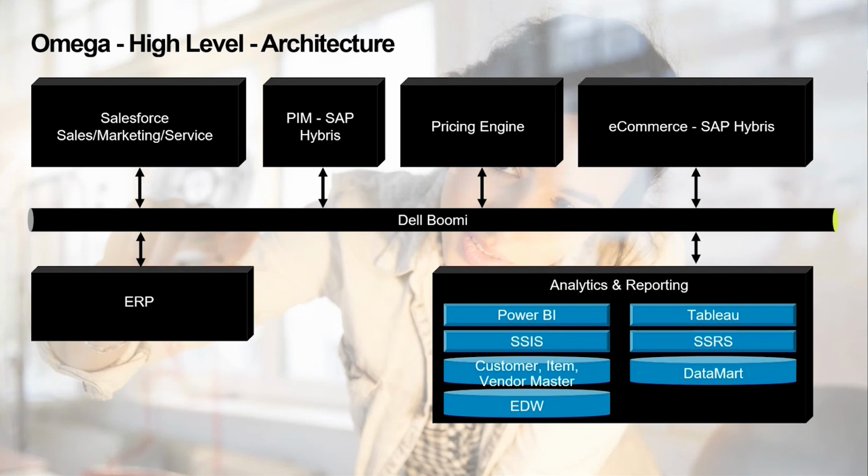Now, with all the systems connected by Boomi, Microsoft Analytics is able to connect and, in a singular view, tell the organization how they are doing. It can be in terms of sales, service, or even manufacturing.